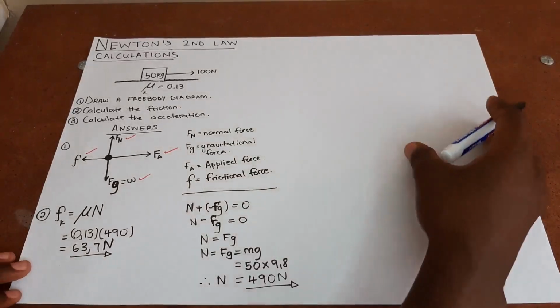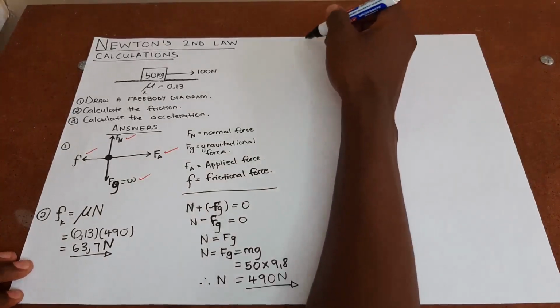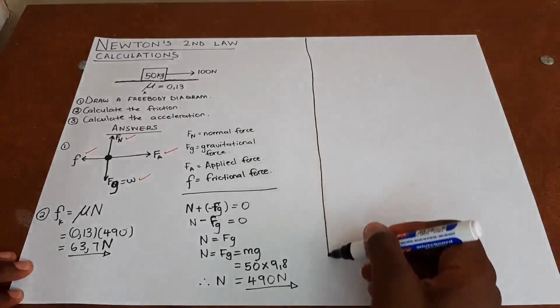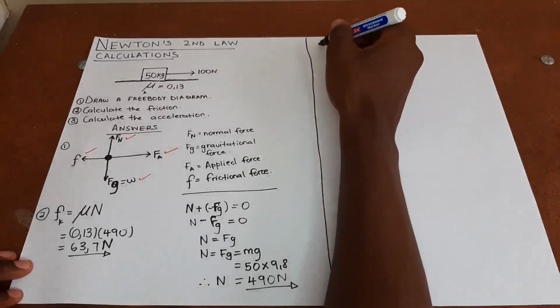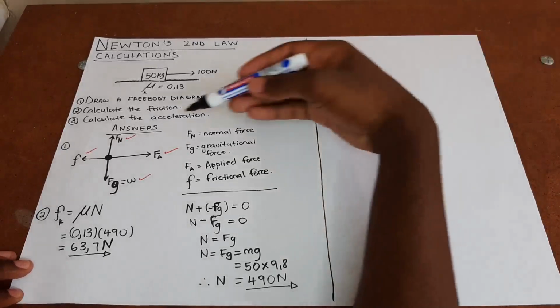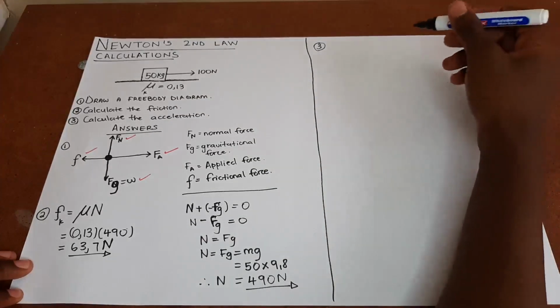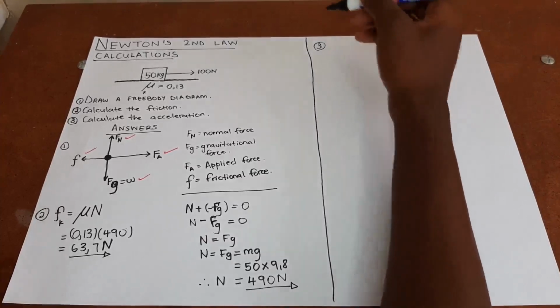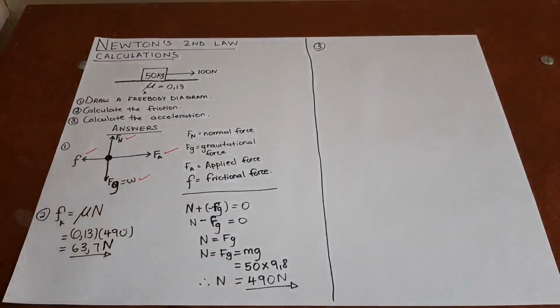So now we are moving to the acceleration. Number 3 says calculate the acceleration. In order for you to calculate the acceleration, you have to make sure you consider all the forces acting on an object, whether horizontal or vertical.